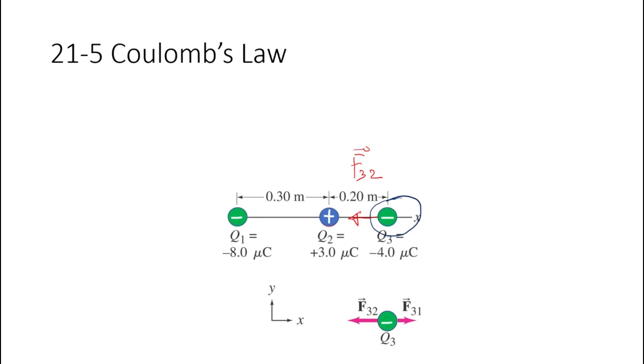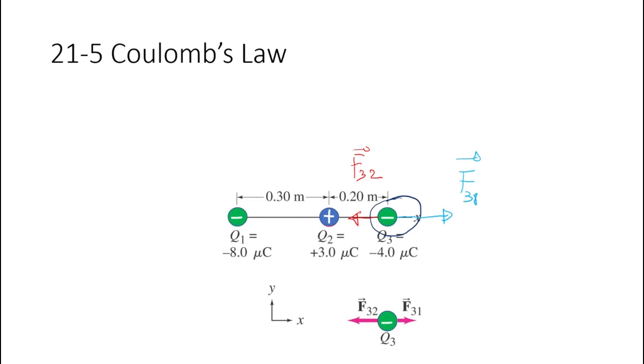The two charges are negative. What will it be? Let me put it in blue. It will be a push. I call it F. What F? It will be F3 because the 3 receives the force from the charge 1. This is how we write it.